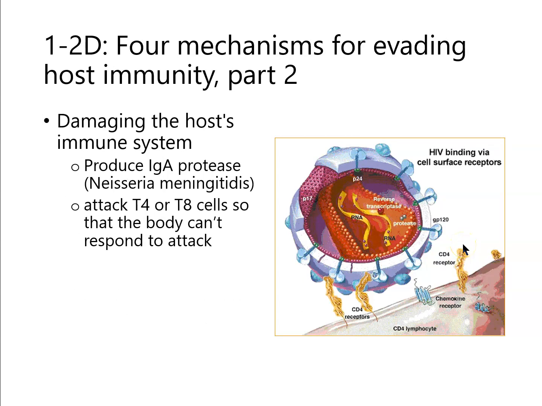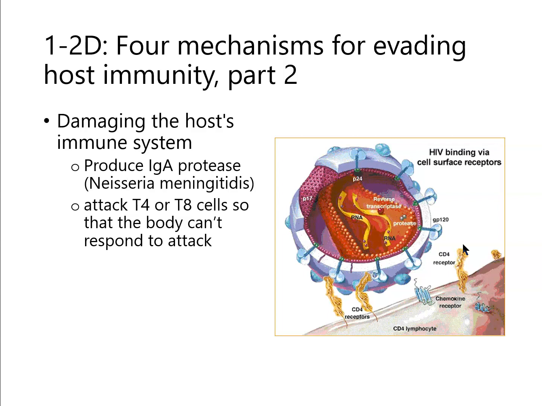A lot of microorganisms attack the host immune system. So HIV, for example, destroys T cells. It's safe to assume that any virus that makes healthy people sick, so anything from SARS-CoV-2 to influenza and lots of others, directly disrupts parts of the immune response.